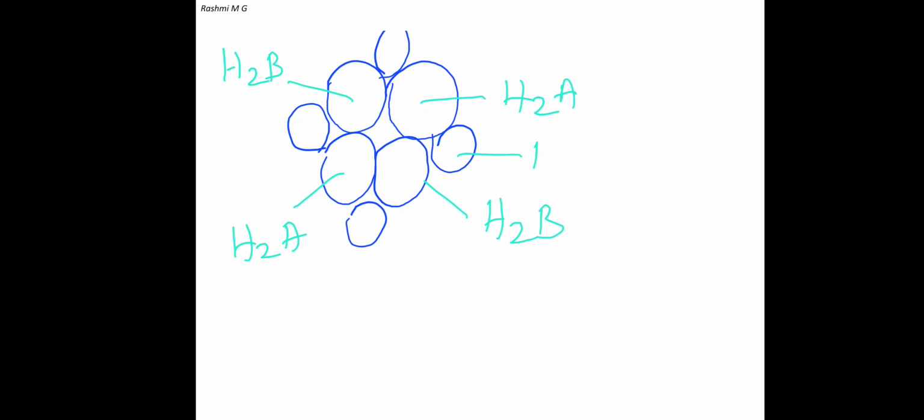To label this: H2A, H2A, H2B, H2B, H3 and H4. So this is a nucleosome barrel.